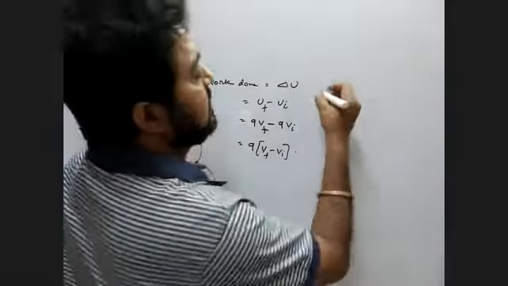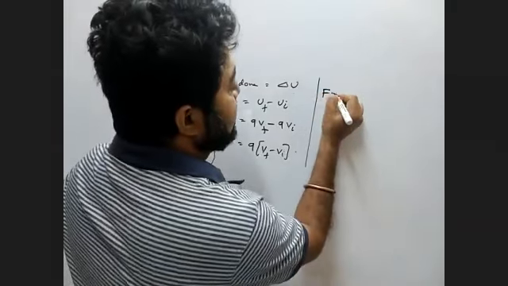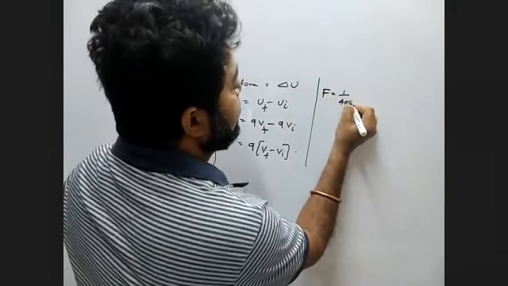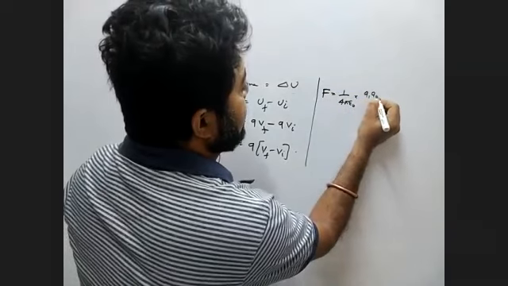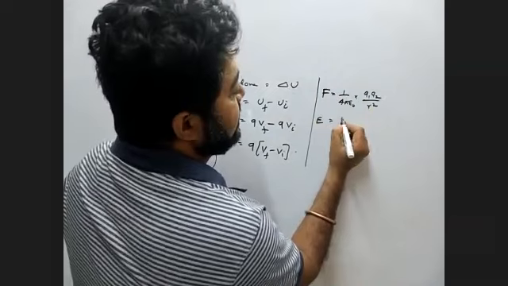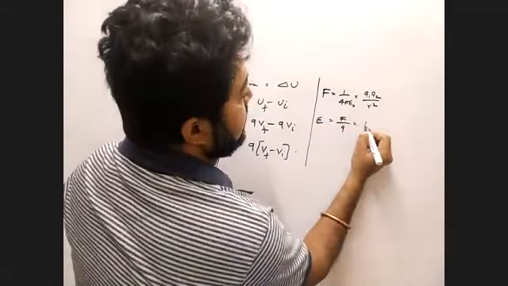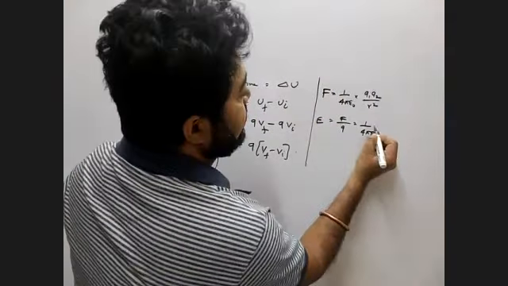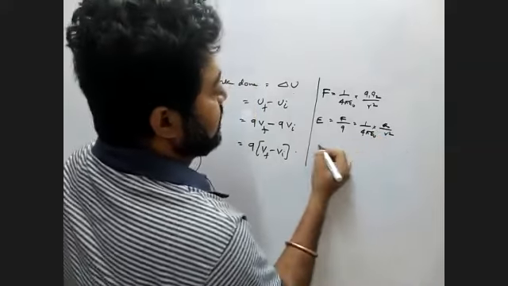And one more similarity is that, see, force is a vector quantity, 1 by 4 pi epsilon naught Q1 Q2 by R square. Field is a vector quantity, that is the force per unit introduced charge, 1 by 4 pi epsilon naught Q by R square.